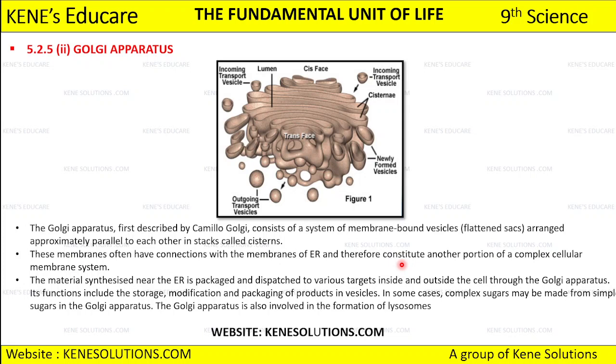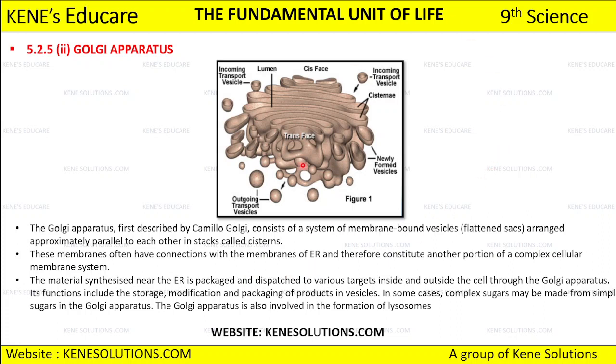तो आपको ये जो, you can see that ये जो sac है, flattened sac है, वो कैसे arranged है? एक दूसरे से parallelly arranged है, and they are arranged parallelly to each other in a stack, and we call that stack cisternae. Can you see? So each stack or each sac that we are having, this is called a cisternae. And the membrane, they often have connection with the membrane of the endoplasmic reticulum.